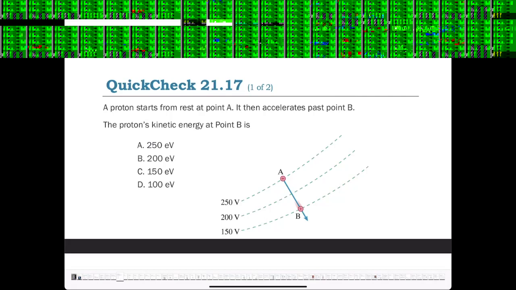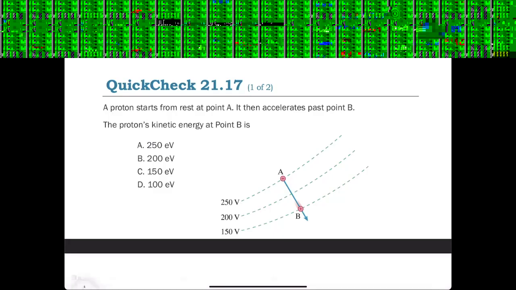A proton starts from rest at point A, it then accelerates past point B. Like this one. And the proton's kinetic energy at point B is what?